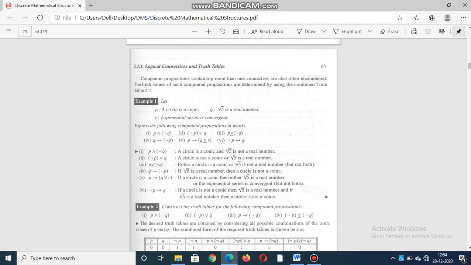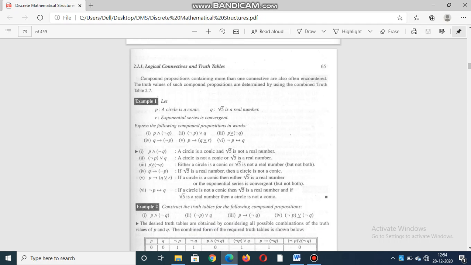Exclusive says that both should not have the same element. So 1 comma 1 in exclusive, the output is 0. 0 comma 0, output is 0. But when it comes to 0 comma 1, output is 1. 1 comma 0, output is 1.